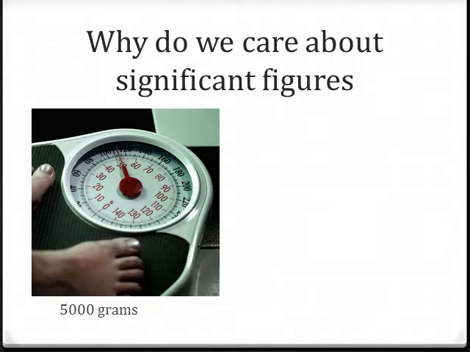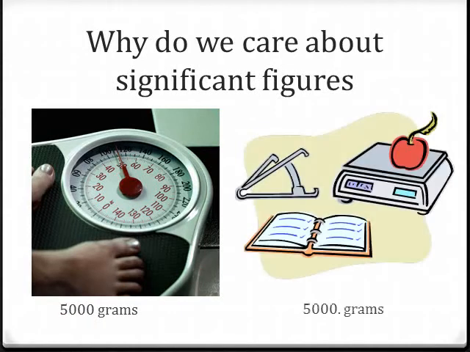Now, if I put that same object on, let's say, an accurate digital scale that could measure as accurately as a gram, where the last digit it could measure was 1 gram, it could also say 5,000 grams. But the difference is very big. Even though the numbers are the same, this one is saying I know that this digit right here is 5 because it's 5 kilograms.